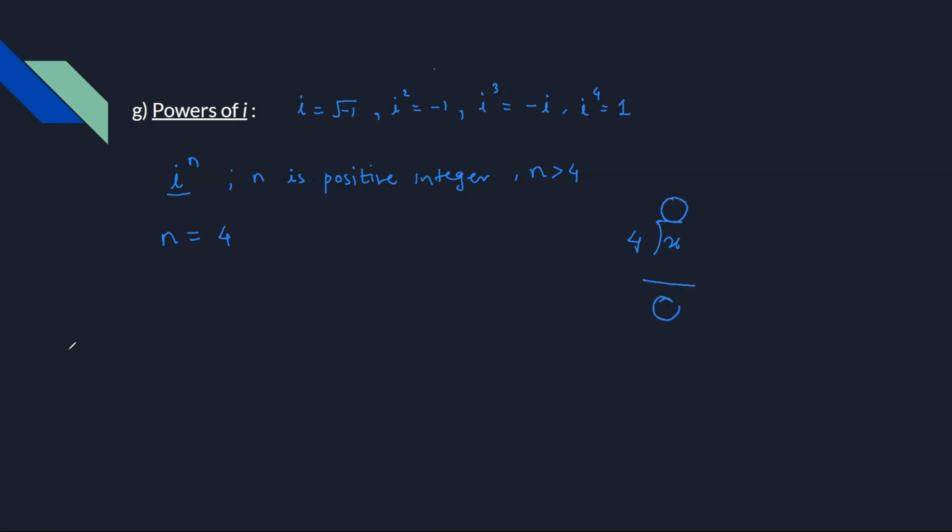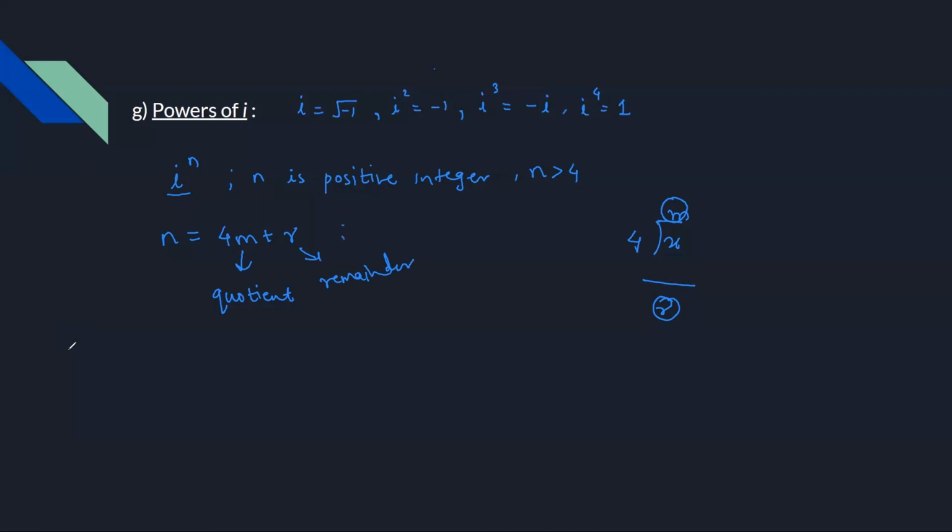So n can be written as 4 into quotient plus remainder, so n equals 4m plus r, where m is the quotient and r is the remainder of n when divided by 4.